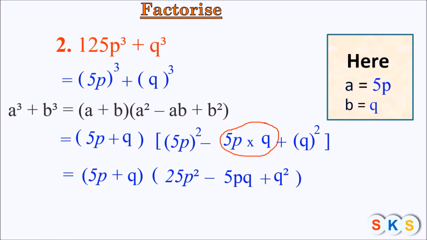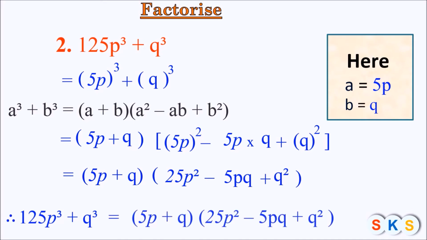Okay, now it cannot be simplified further. You can see that the first bracket is 5p plus q, which cannot be simplified further, and the second bracket is 25p square minus 5pq plus q square, and it can also not be simplified further. Therefore 125p raised to 3 plus q raised to 3 is equals to 5p plus q into 25p square minus 5pq plus q square.